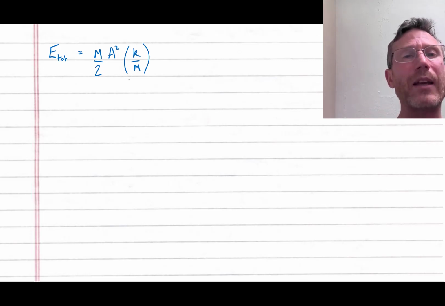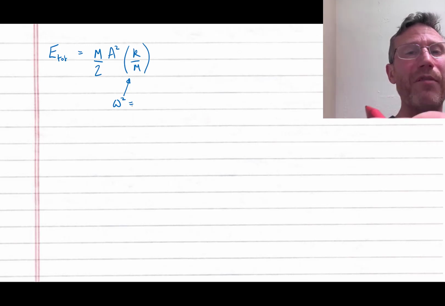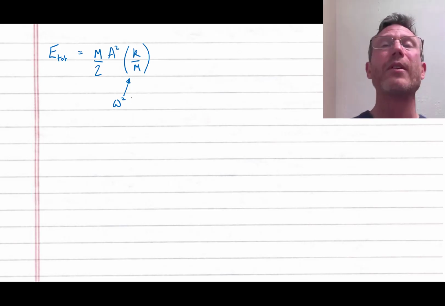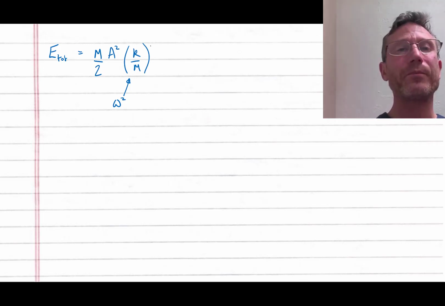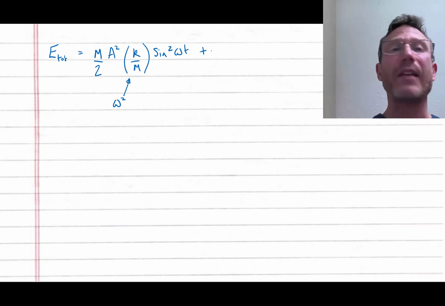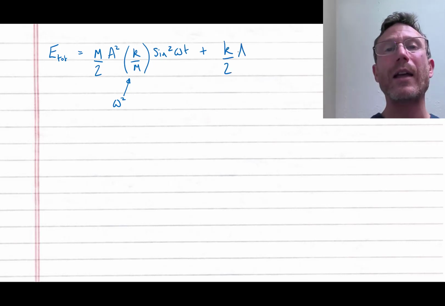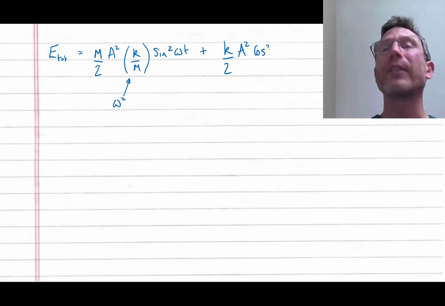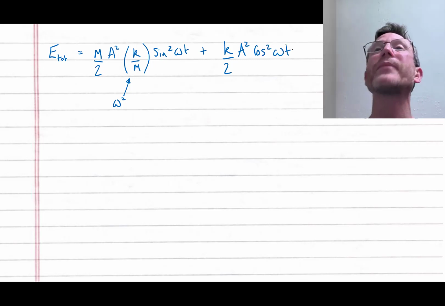Why k over m? The k over m comes from the omega squared, by the way, since omega is equal to k over m to the half. So we square that and we end up with k over m in here. So sine squared omega t. And then the potential energy term is k over 2 a squared cosine squared omega t.